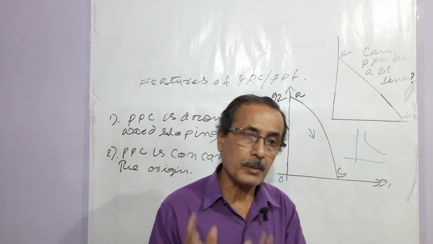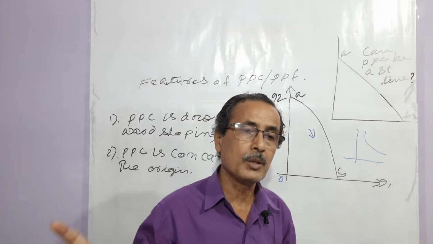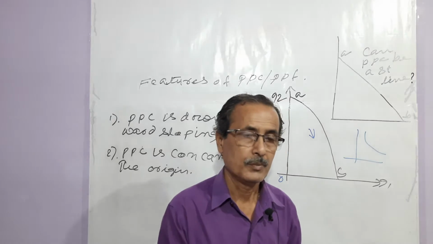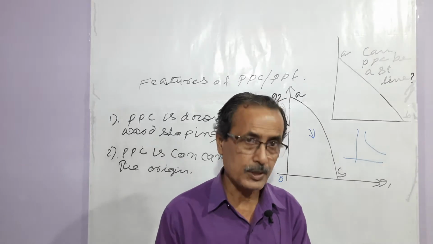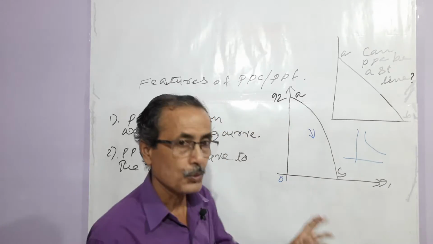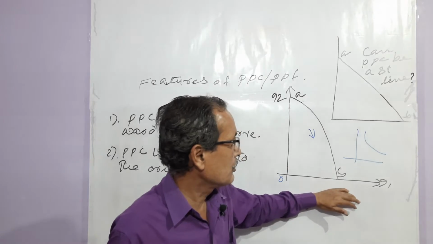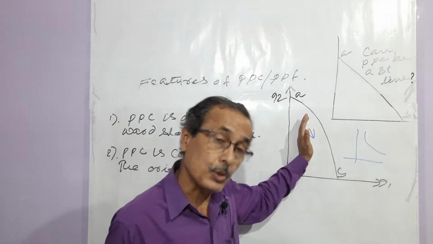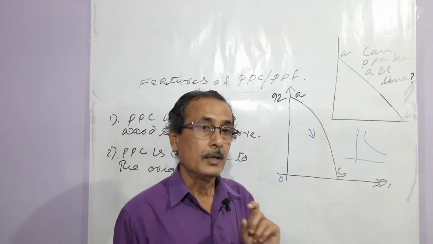So they are negative. If one moves north, the other moves south. That is why there is a negative relationship between these two goods within the given resources. You cannot increase the production of good 1 without decreasing the production of good 2. This is one reason this curve is downward sloping.